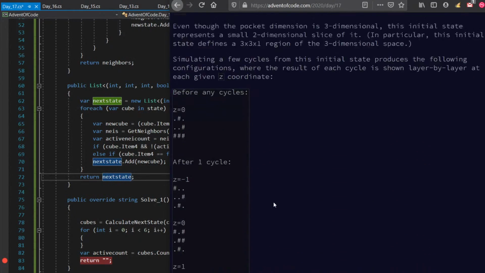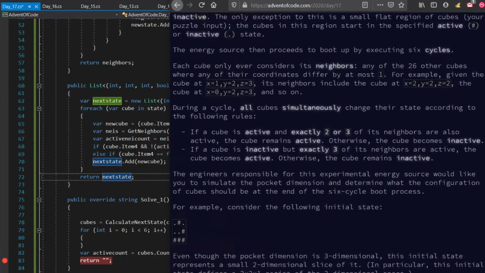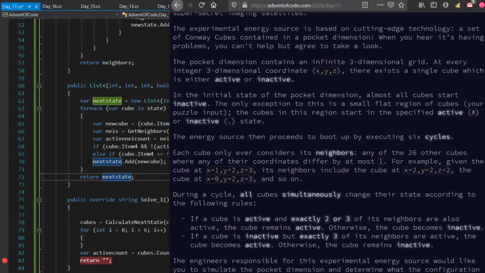What conditions would we have to pass to get whatever these weird results are? So if we looked at 0, 0, 0, we'd have one neighbor that's active. But for some reason, it becomes active anyway. Dang, I might have to give up on this one.